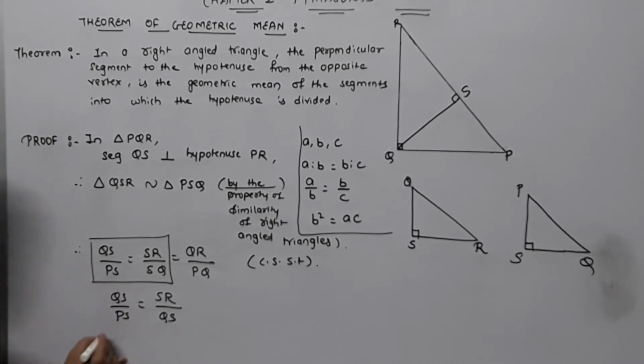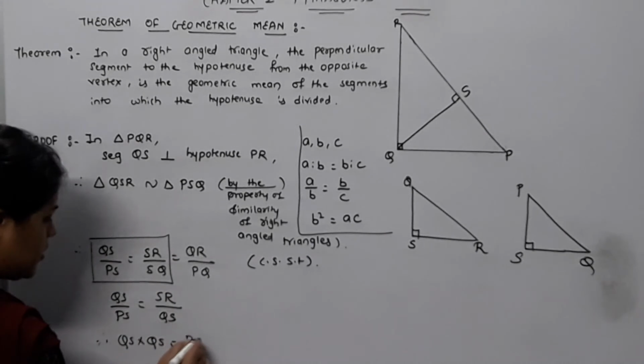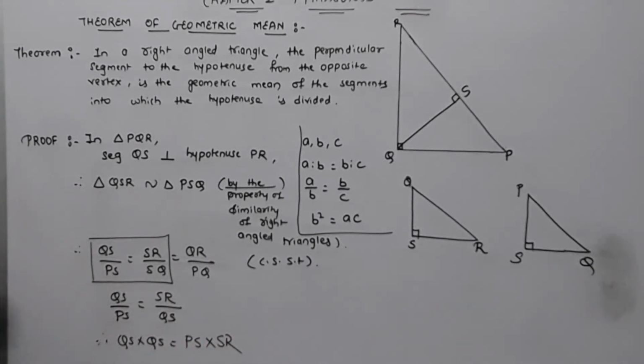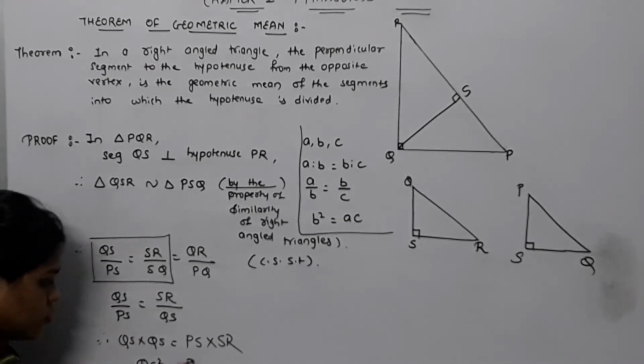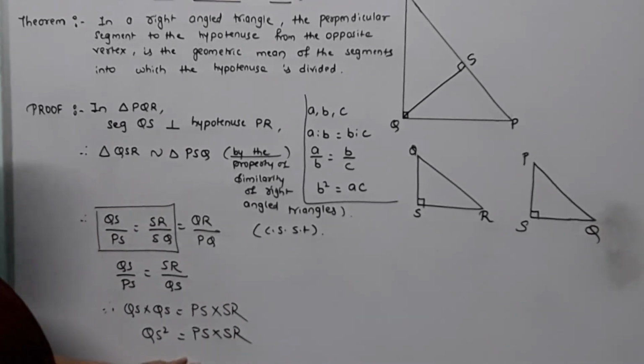Now cross multiply, therefore QS into QS is equal to PS into SR. QS into QS is QS square is equal to PS into SR. Just check if we are getting or not.